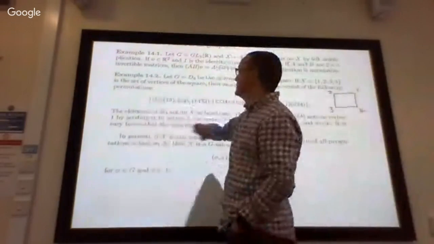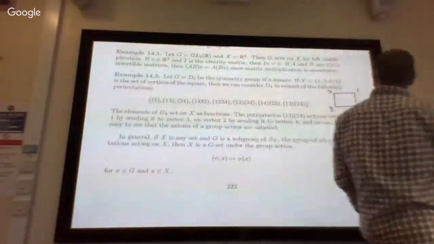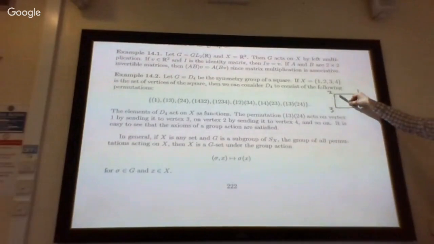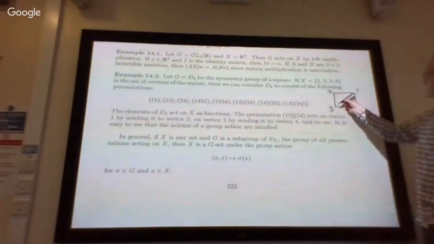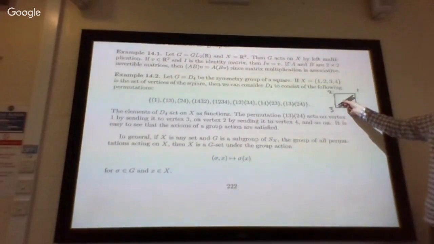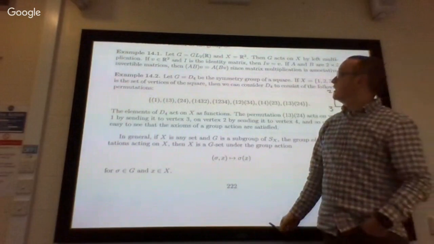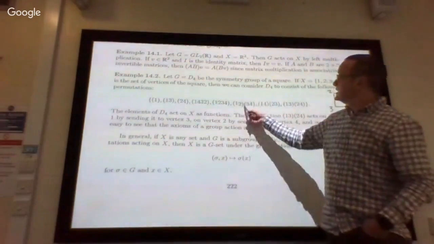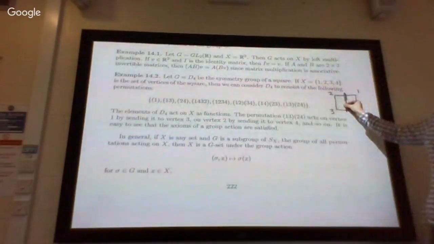You have the identity element, the permutation that swaps 1 and 3. So that means that's reflection around that diagonal there, because 2 and 4 stay where they are, but 1 and 3 swap. 2, 4 is the reflection around that axis. And then the other products of 2 cycles, they're the other reflections in the vertical axes.